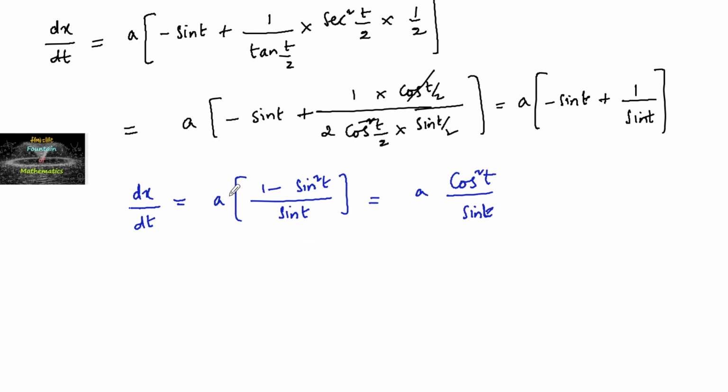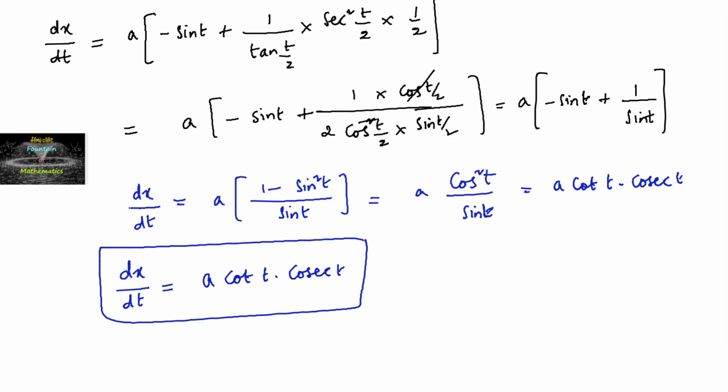So dx by dt is equal to a times cos square t upon sin t, or we can write a times of cos t by sin t is cot t, into 1 upon sin t is cosecant t. So let's keep it aside. dx by dt is equal to a times of cot t into cosecant t.